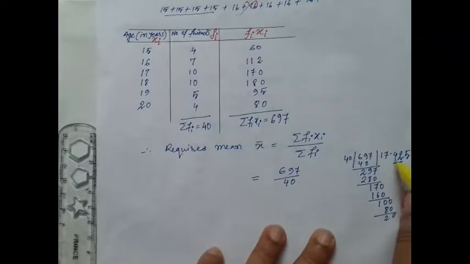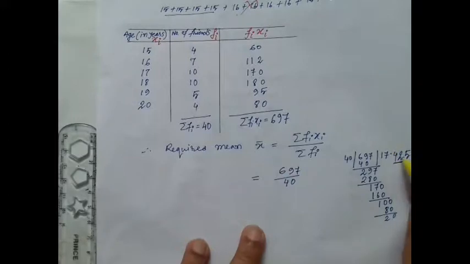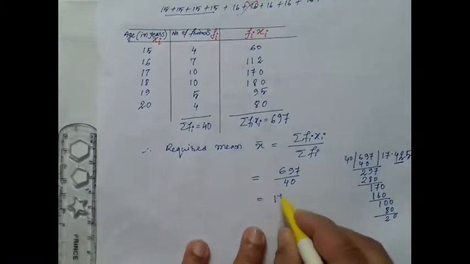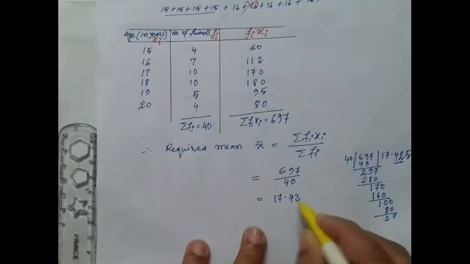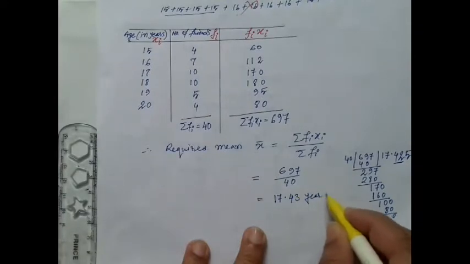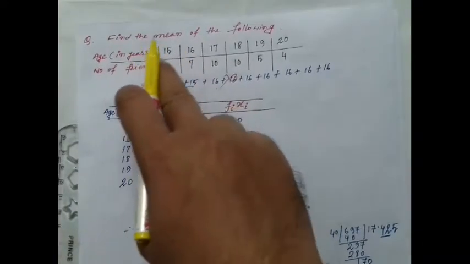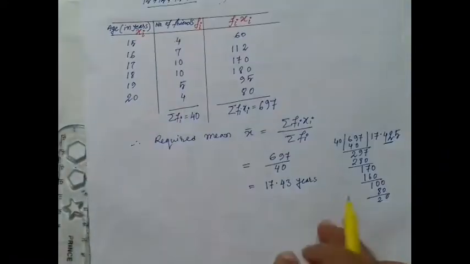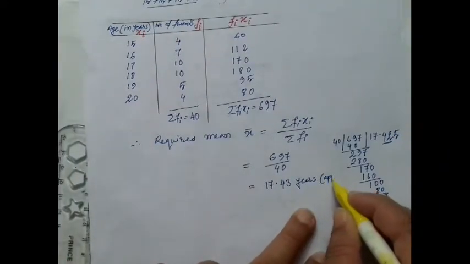But we have to take up to 2 decimal places, and after 2 decimal places we have 5, so if we round up this number then we'll get 43. Approximately this number becomes 17.43 years. As we are finding the mean of age, we have to provide the unit, years, and approx.